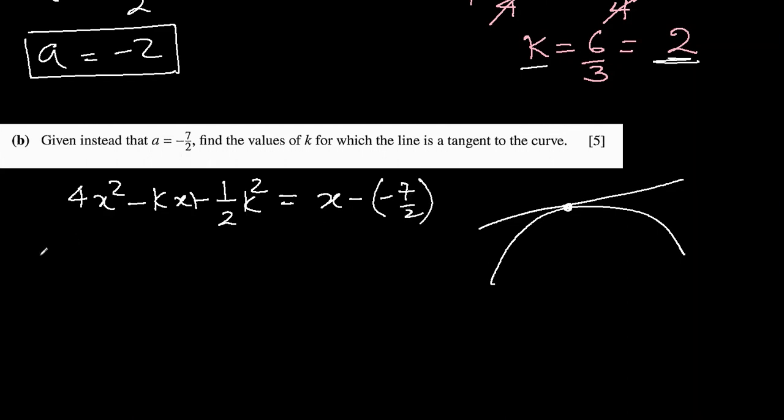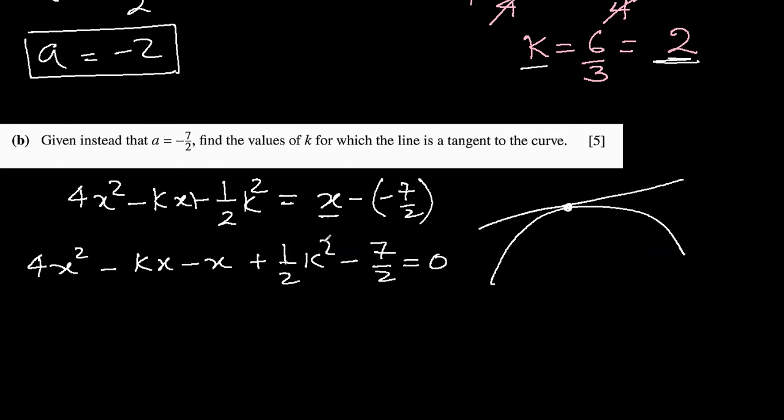So what does this quadratic equation become now? 4x square will be here. Kx, minus kx is the only x. No, this is also here. So minus kx minus x. This x also comes to the left. Plus half k square and minus 7 over 2 equal to 0, because this negative and this negative makes it positive, but when we bring it across the equal sign, it becomes negative 7 over 2.